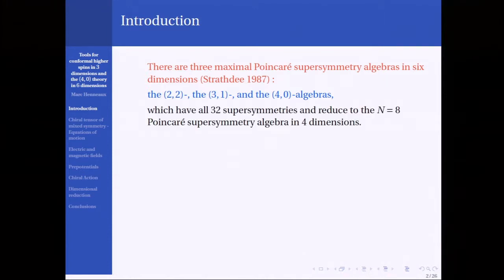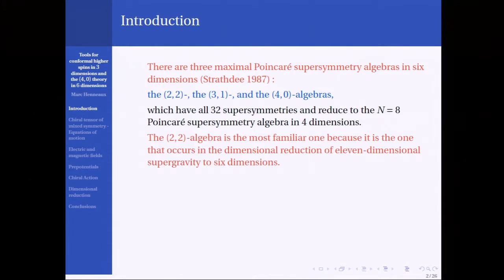These algebras have been classified by Strathdee, and the (2,2) is probably the most familiar one, because if you reduce 11-dimensional supergravity to 6 dimensions, the graviton supermultiplet will be a representation of the (2,2) superalgebra.